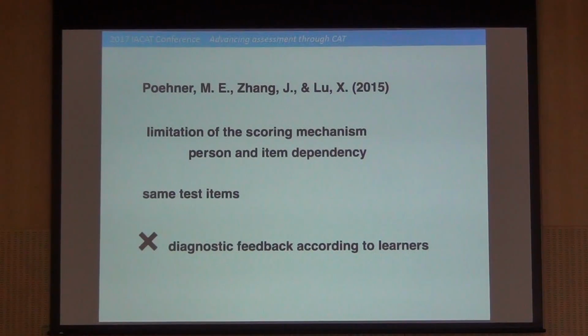Second, they only provided the students with the same test items in the same order, regardless of student ability. But students have different difficulties and needs, right? So based on Poehner's idea, it's impossible to provide students with diagnostic feedback according to learners.